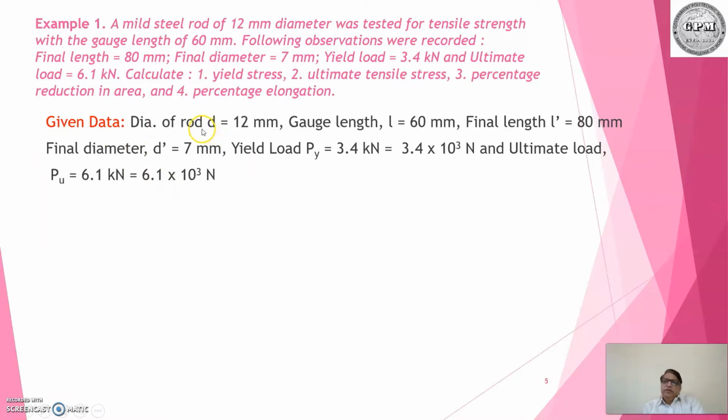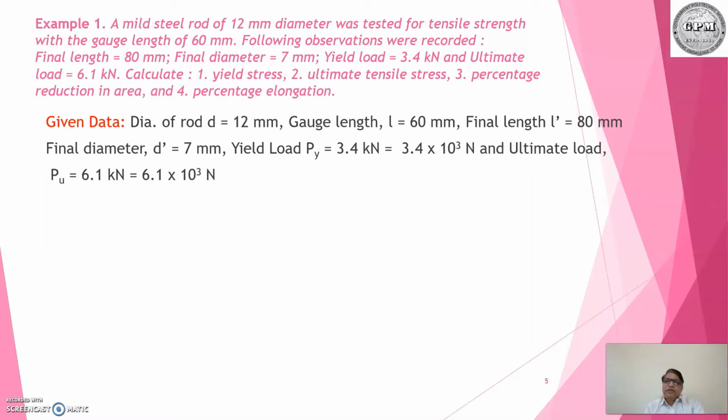Usually the students, when they solve the problem, will directly take these values and try to solve it without mentioning what is D, what is L, what is L dash. Students know what L dash and L mean, but the assessor who is going to assess your paper will not come to know. So for what purpose I used that dimension D, it is for what.